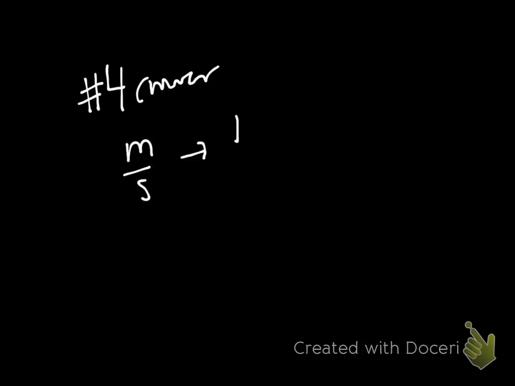Don't forget that on the conversions on the back, on number 4, you're going from meters per second to kilometers per minute. That's not meter squared. My mistake. So as a general reminder, whenever you're going from something like grams per cubic centimeter, let's fix that.